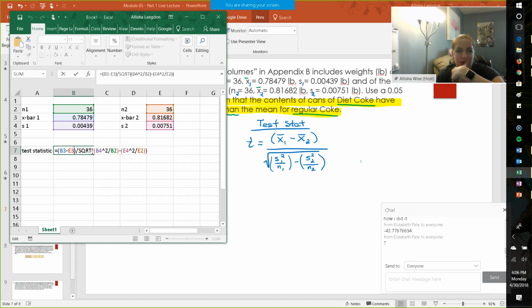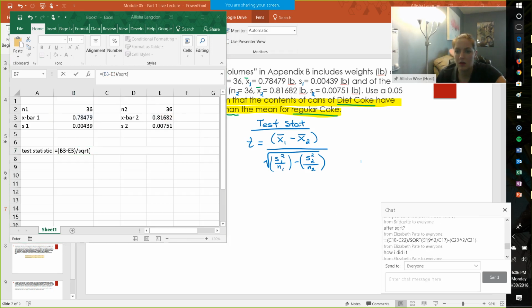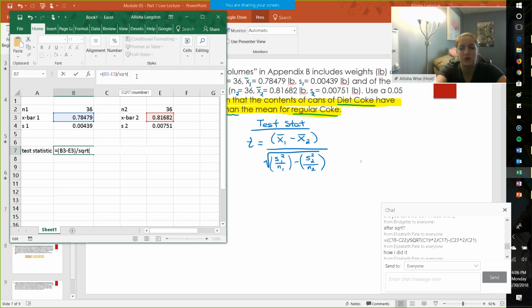Square root. Okay, I'm just going to delete this and start over because sometimes that's just the best thing to do. You can put those in parentheses, but you shouldn't have to. Let's try it just for good. Okay, well, it just yelled at me.